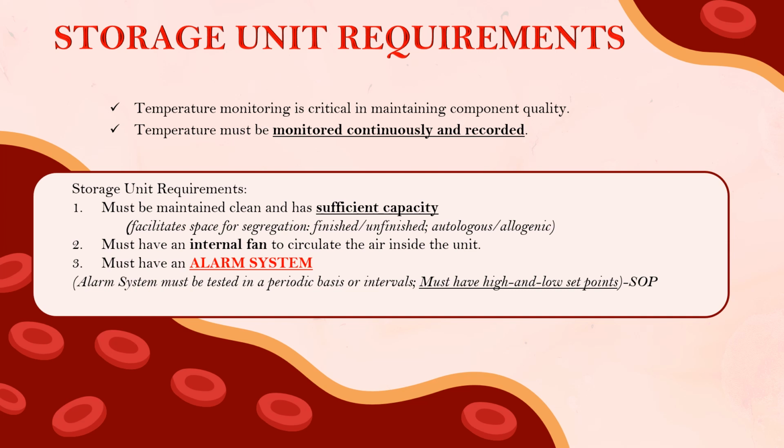For example, in the most common scenario in blood banks, a medical technologist forgot to close the door of the storage unit, or there has been an overcrowding of component units within the storage unit, so the temperature will decline. These changes in temperature will automatically trigger the alarm system to warn the medical technologists that there has been a temperature change within the unit.